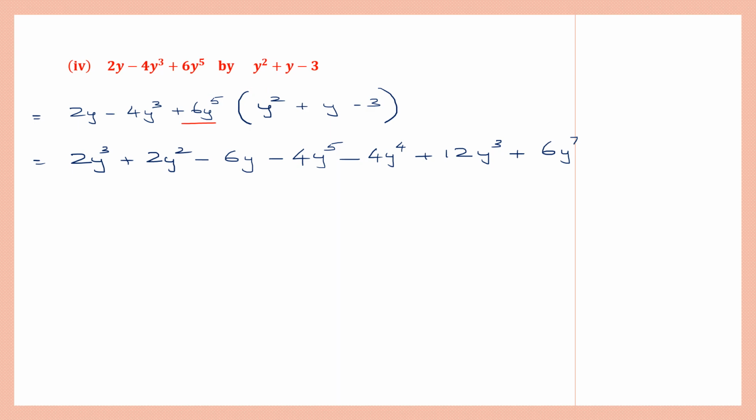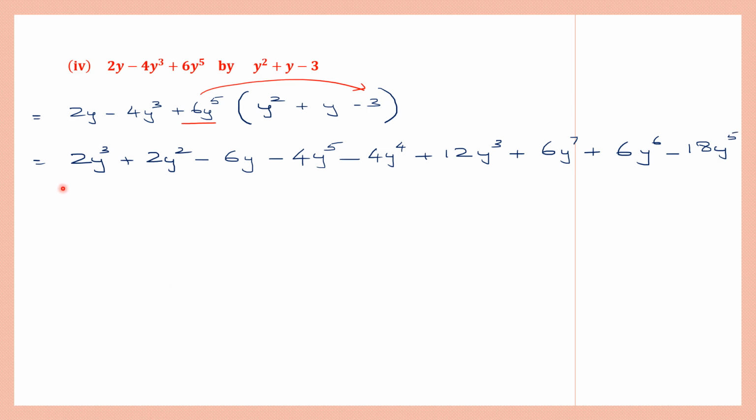Next one, we're going to multiply with just y. So the sign is plus, the number is 6, y to the power of 5 plus 1 is 6. So that is over. Now the last one, we're going to multiply this with minus 3. The sign will be minus. 6 threes are 18 and y to the power of 5. Okay, so we finished this.